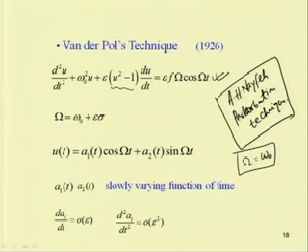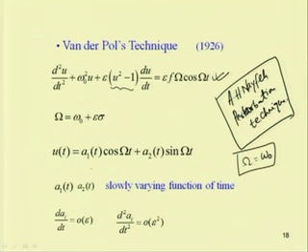But if we take a non-zero but very small value of epsilon, this solution is still valid, but in this case a1 and a2 can be considered as functions of time.